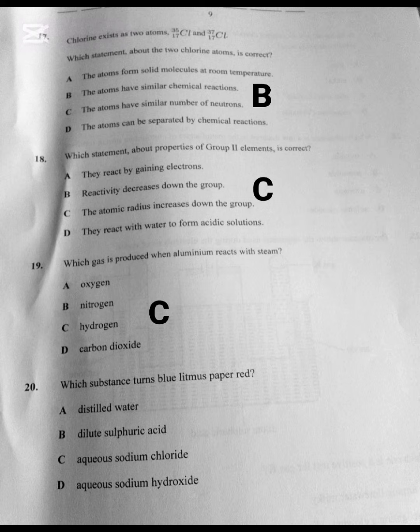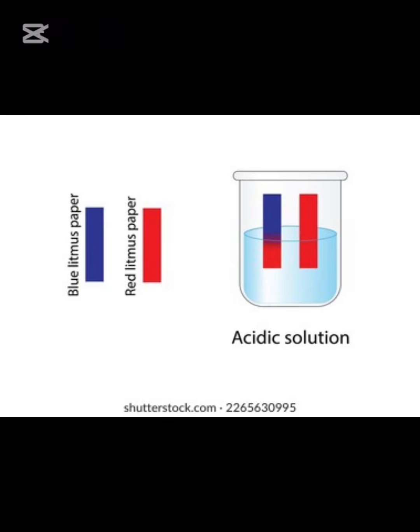Which substance turns blue litmus paper red? So the correct answer on number 20 is B, which is saying dilute sulfuric acid. So dilute sulfuric acid turns the blue litmus paper red because it is acidic, and the blue litmus paper changes color to red when exposed to an acidic solution.